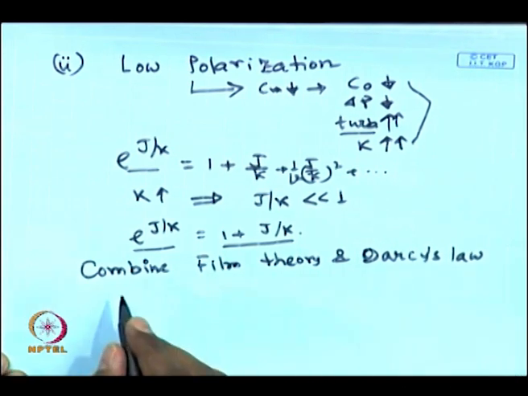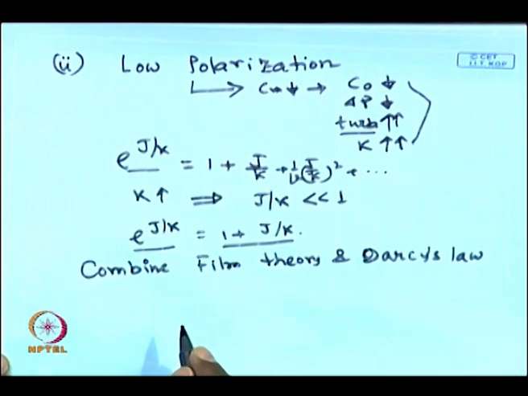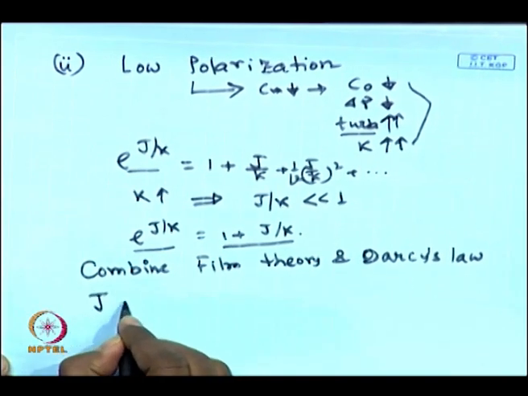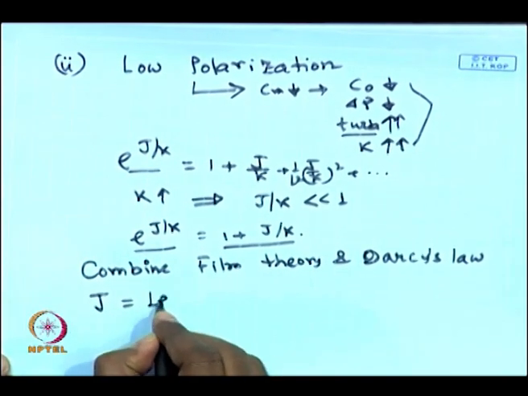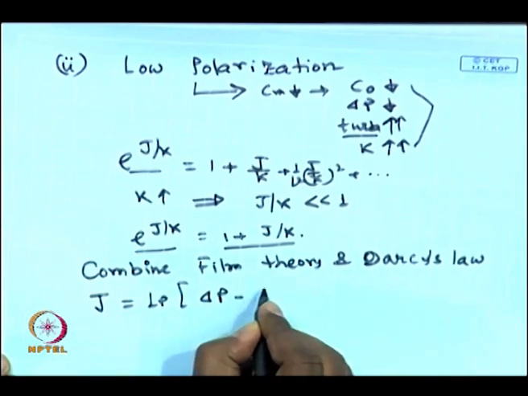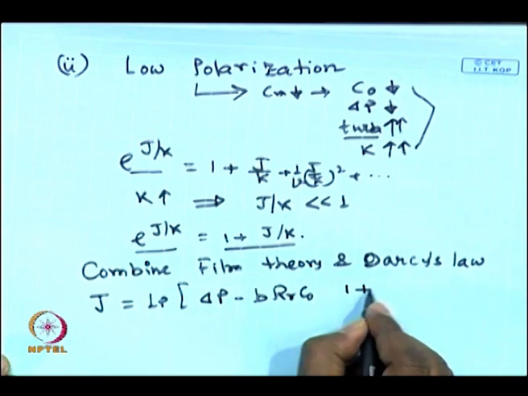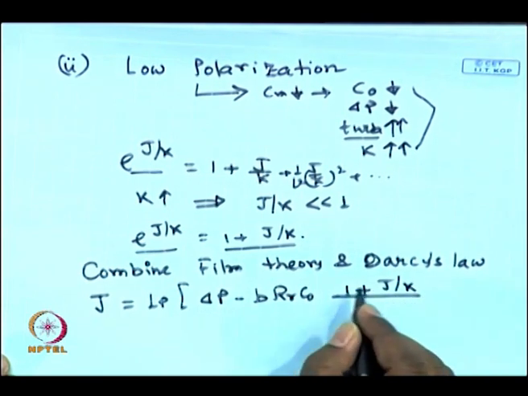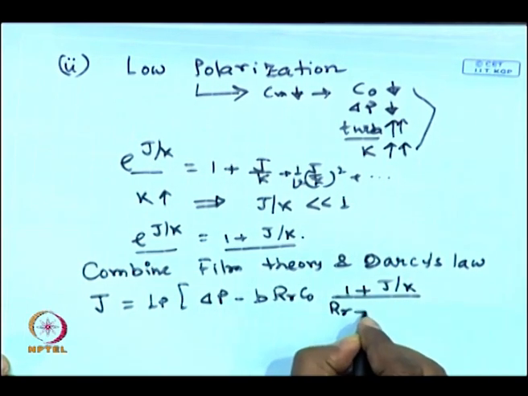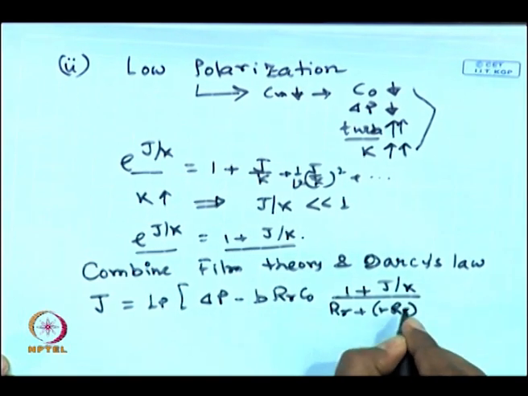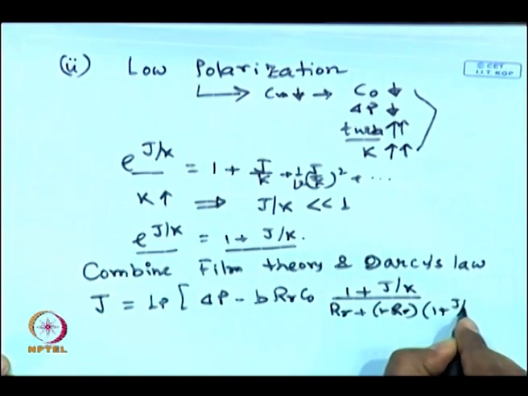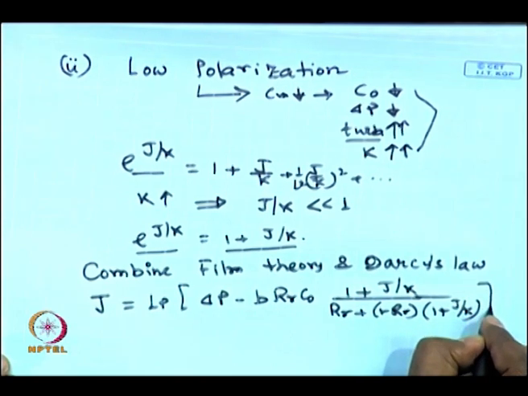After combination of these two equations, one can get a final expression something like this: Lp times delta P minus B Rr C naught (1 plus J by k) divided by Rr plus (1 minus Rr)(1 plus J by k).